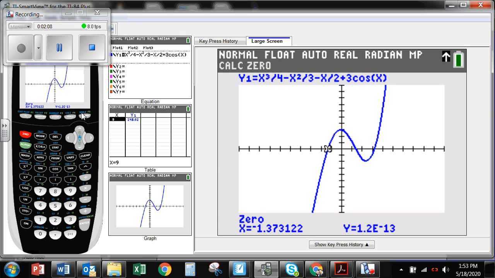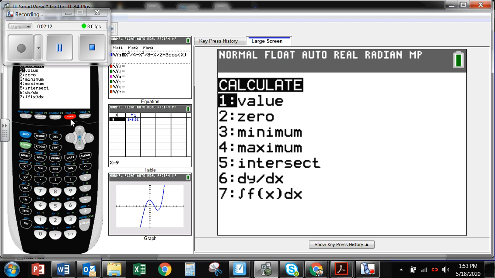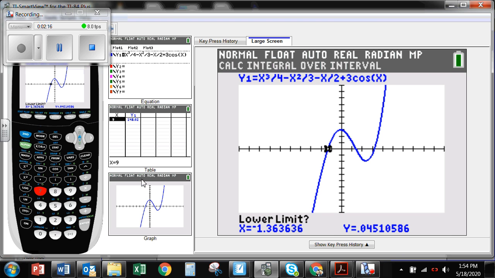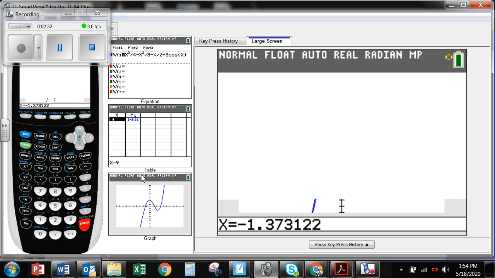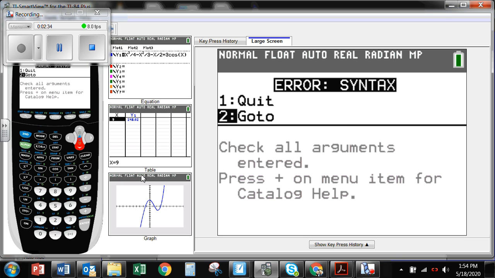So one way is to say, okay, let's calculate, second calculate, choice 7. And what's my lower limit? I think I can type this in, where it's the negative 1.373122, enter, and I'm getting an error.